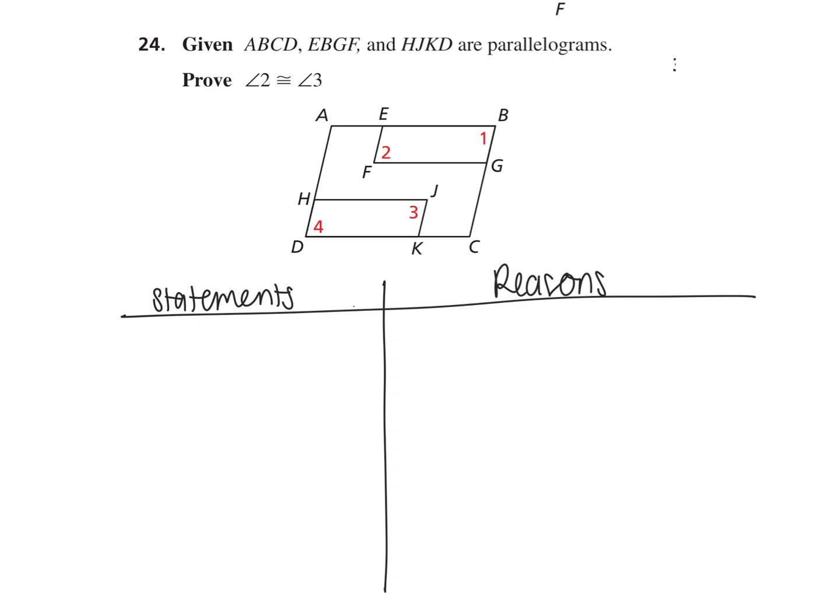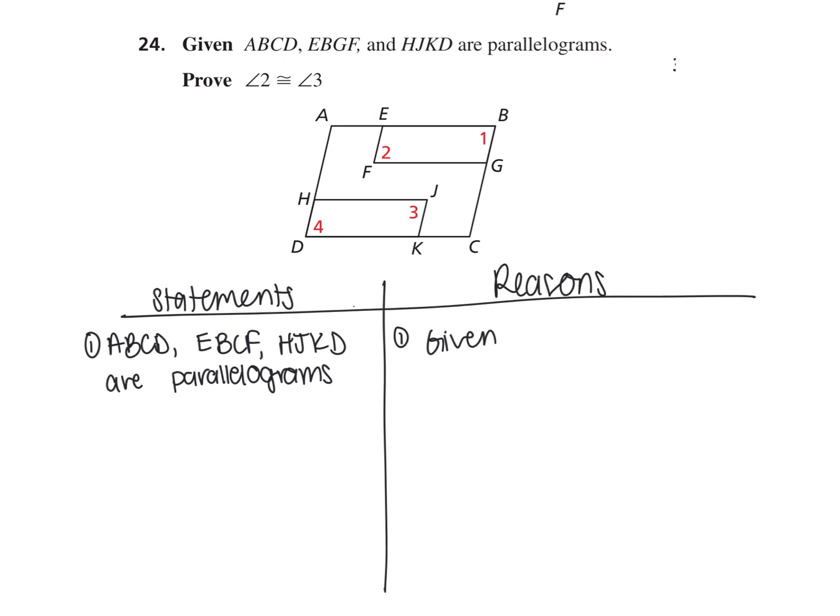So that's the first thing they're giving me. So I'm going to put that in my statements first. ABCD, EBCF, and HJKD are parallelograms. And my reason for that is given.